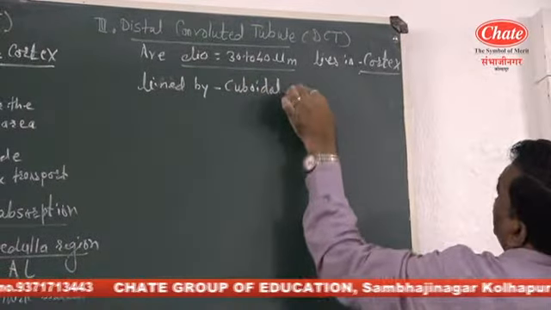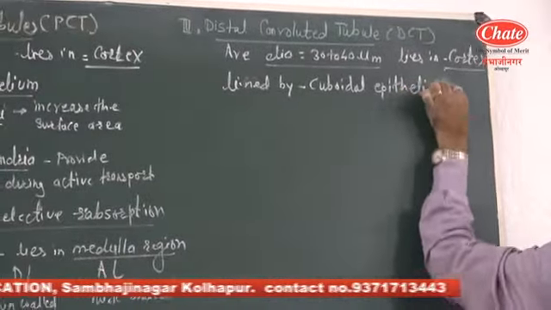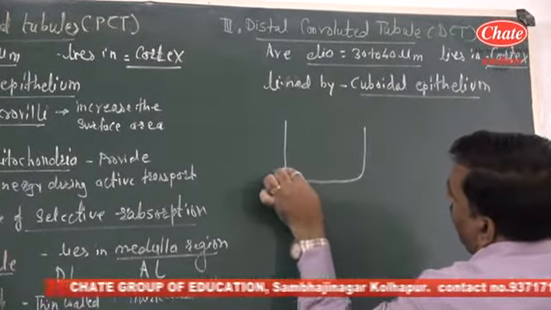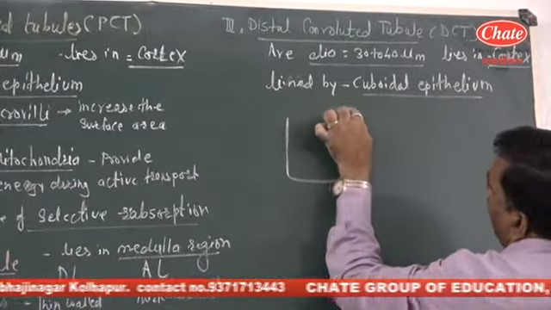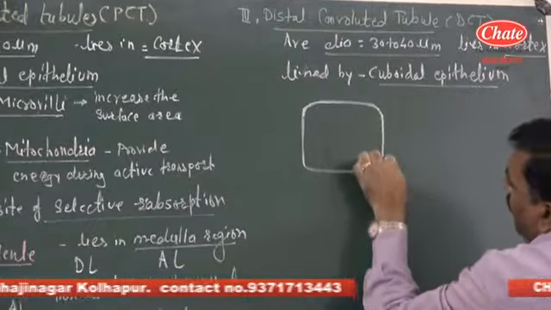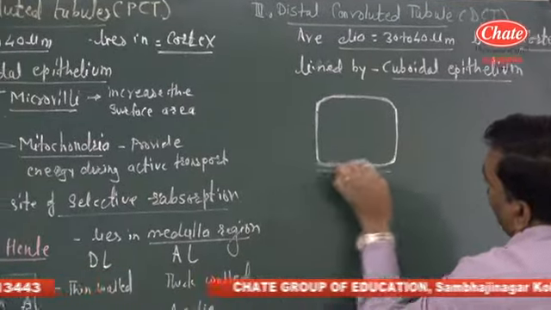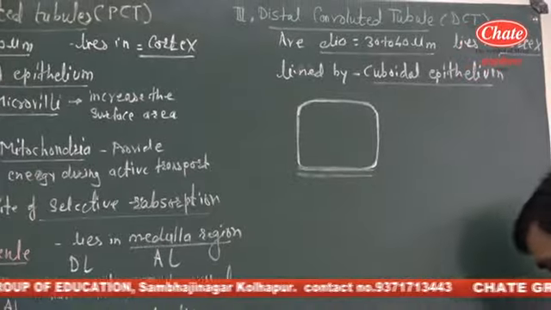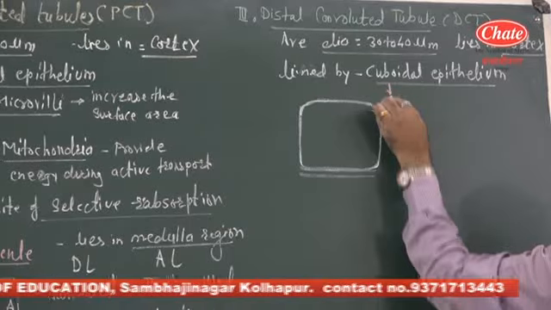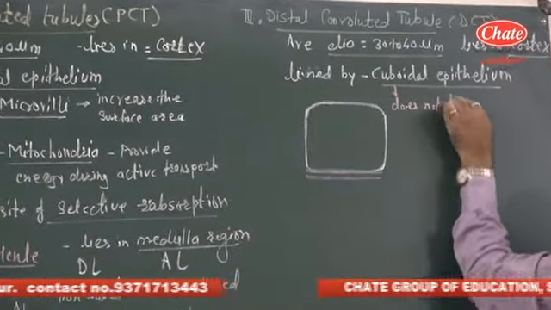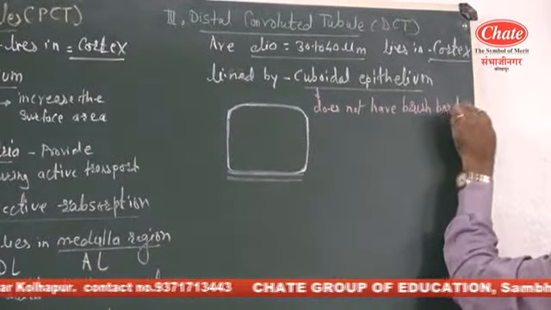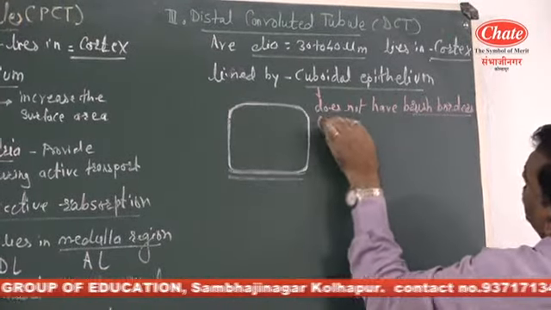cuboidal epithelium. But the peculiarity of this cuboidal epithelium is that it does not have a brush border, that is microvilli.